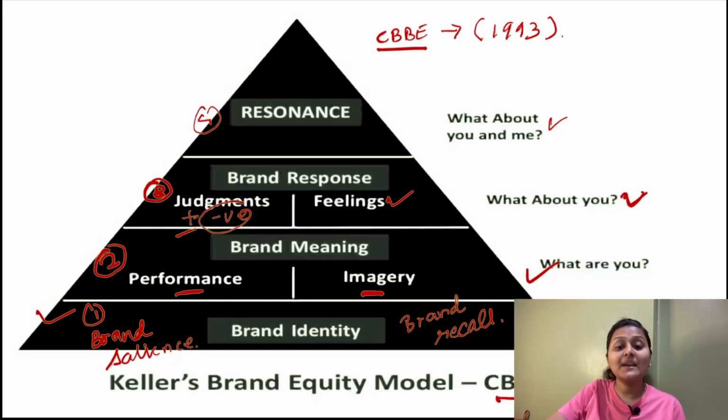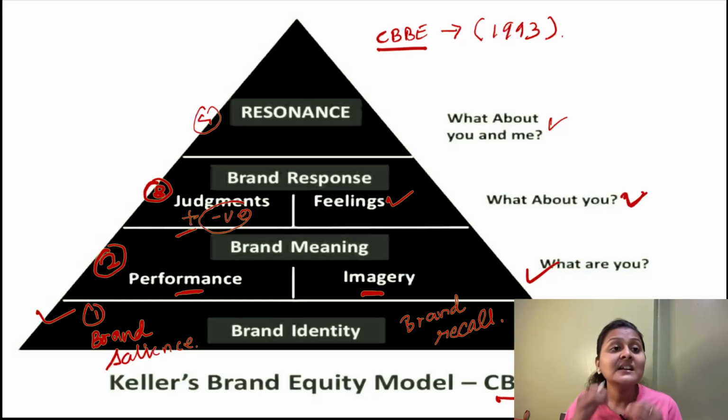The main elements over here are behavioral loyalty, that is, if the customers are purchasing products from time to time from the same brand itself. Then we have attitudinal attachment, that is how strong the emotional connection is between the brand and the customers.